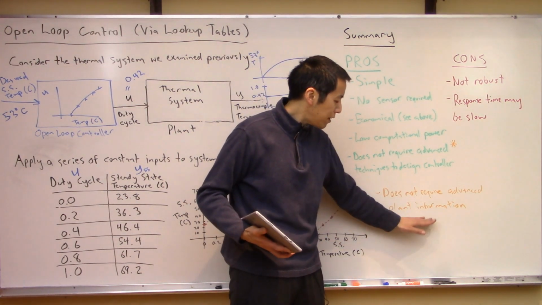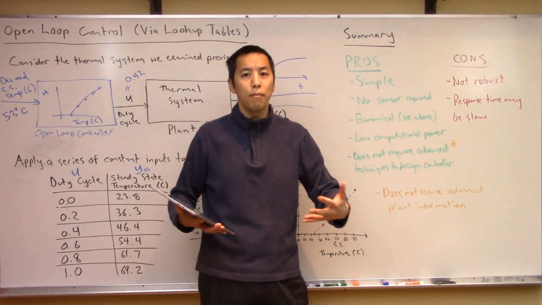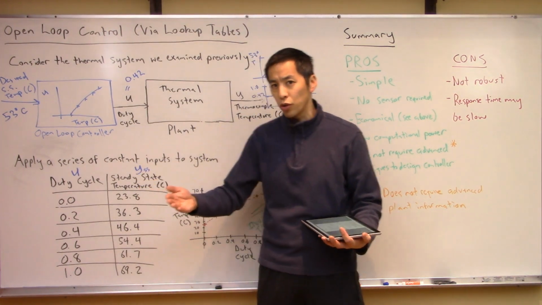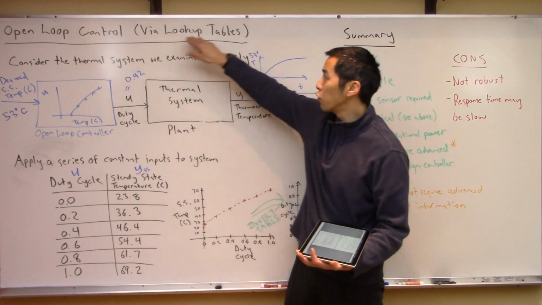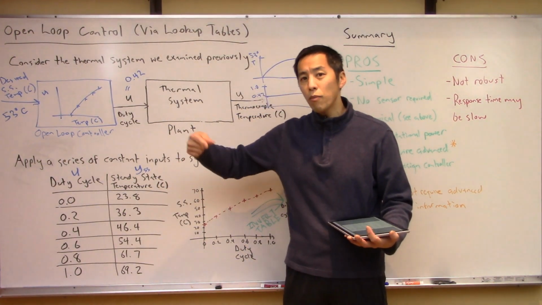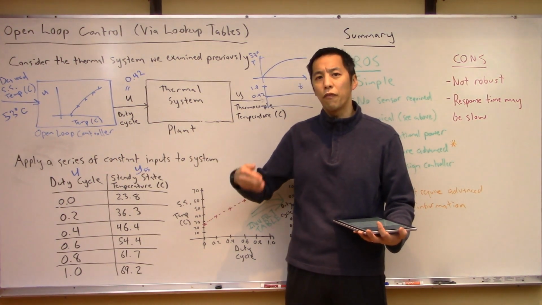In fact, this idea of requiring perfect information is the basis for some more advanced open loop control systems like feed forward control. Earlier in this discussion, we said this topic is just a lookup table, the dumb version of open loop control. There are way more advanced open loop control schemes, which sometimes fall under the moniker of feed forward control.